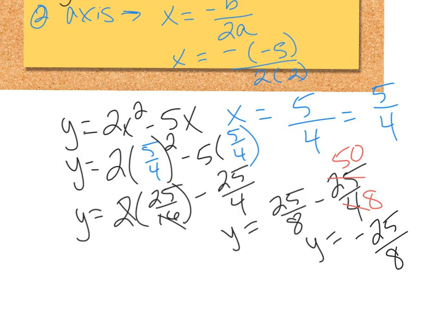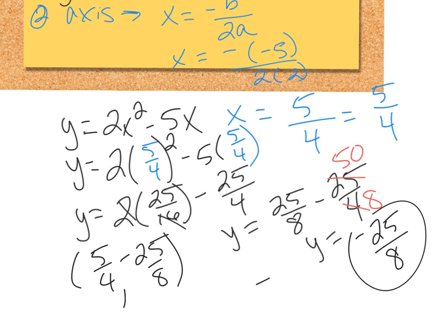Okay, so I'm going to attempt to plot the point 5/4, negative 25/8. I think I might make that fourths, because I'm still going to go with fourths. And half of 25 is 12.5. All right, let's go see what we can do.